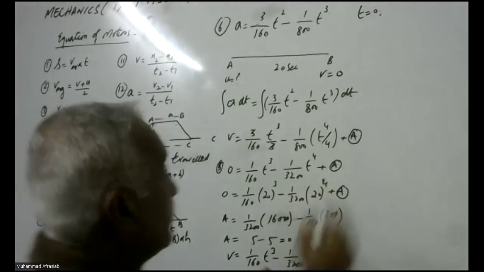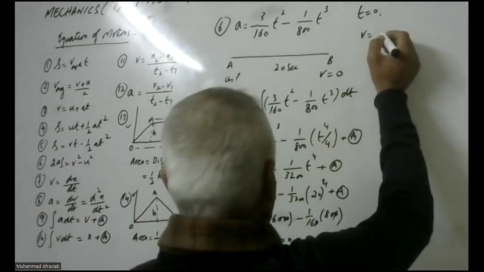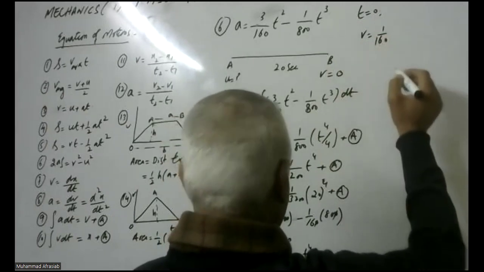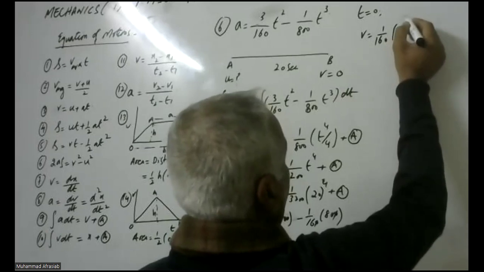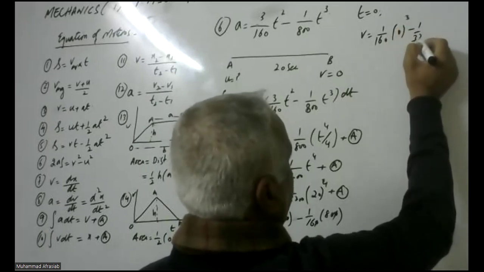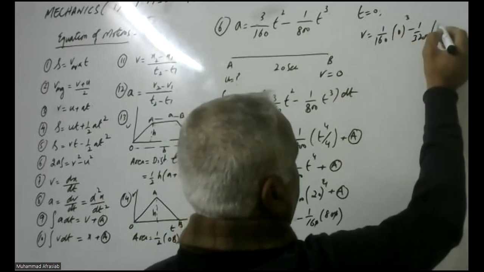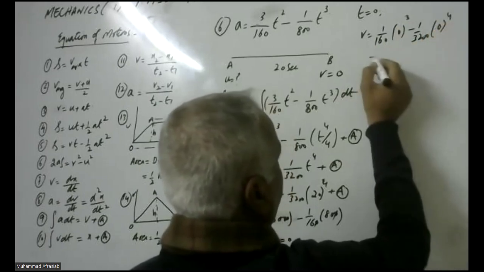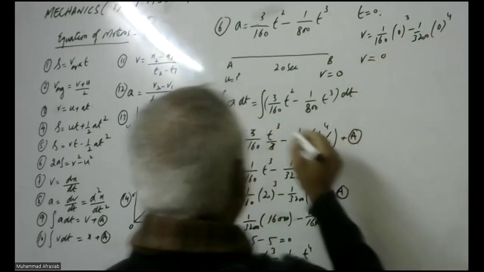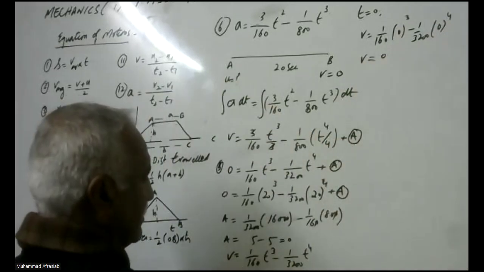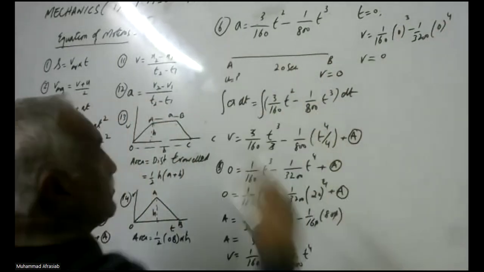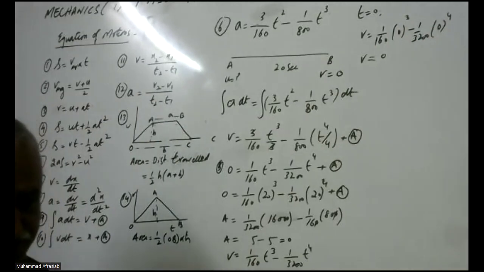So it is equal to 1 over 160 times 0 cubed minus 1 over 3200 times 0 to the power 4, and that is equal to 0. So this means the initial speed of this particle is 0 at the start, at point A.